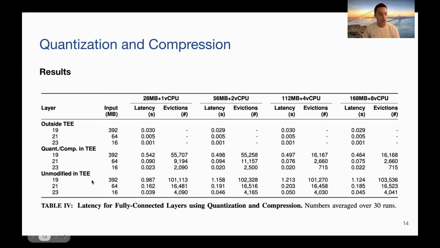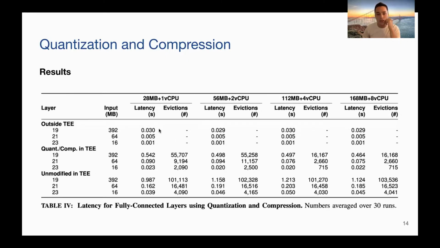As for the results, we ran the same experiments as before, but we measured the latency only for fully connected layers outside the TE and inside the TE with quantization and compression, or the unmodified implementation.